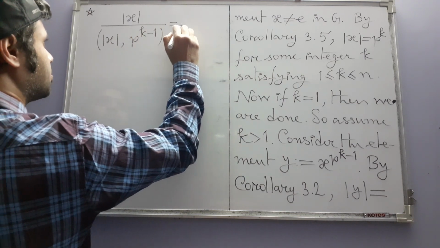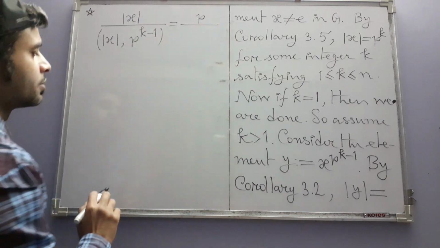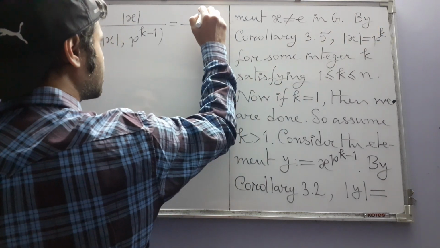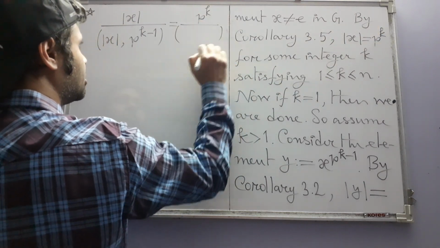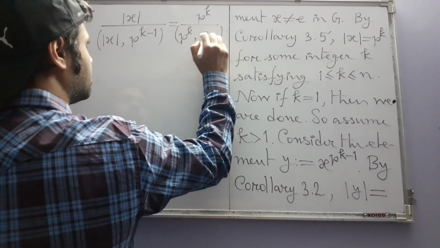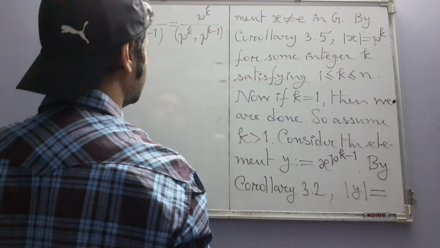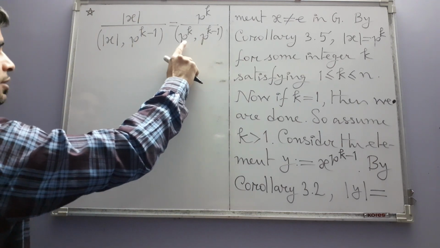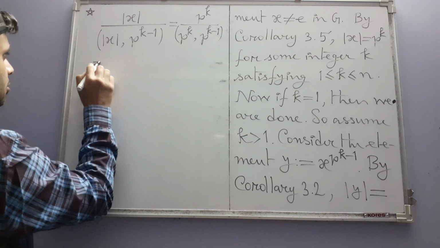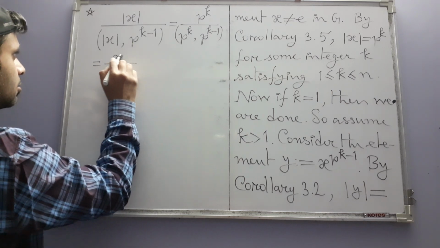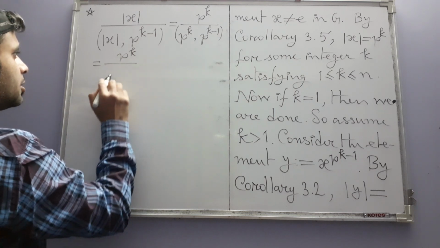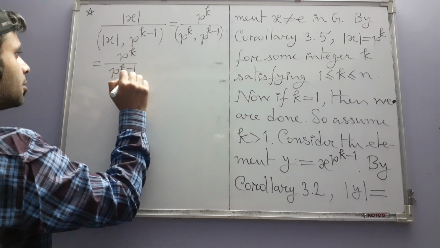That means this is p to the power k, because the order of x is p to the power k, and in the denominator we have the GCD of p to the power k and p to the power k minus 1. Because p to the power k minus 1 divides p to the power k, this itself is the greatest common divisor. That means our denominator is p to the power k minus 1.